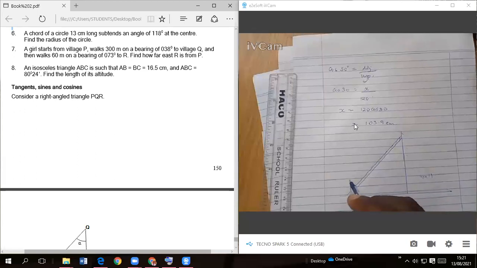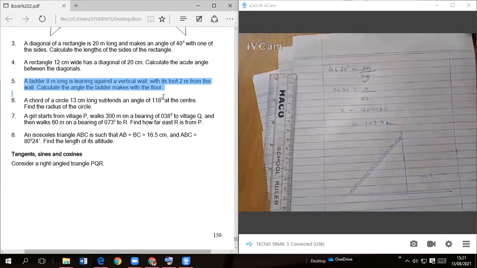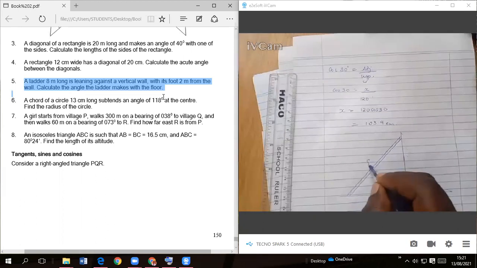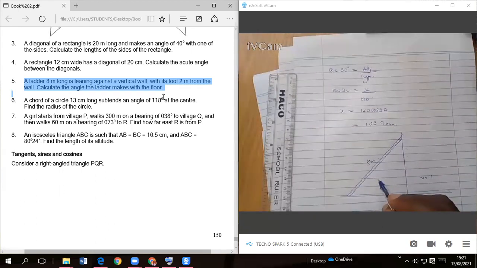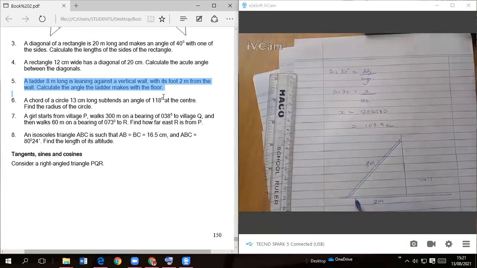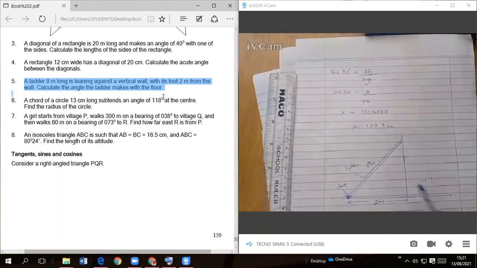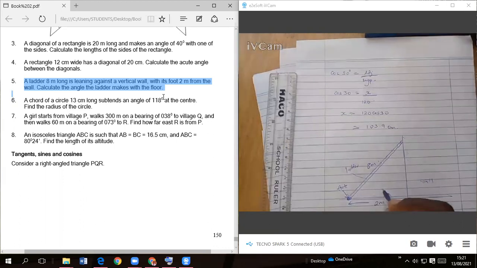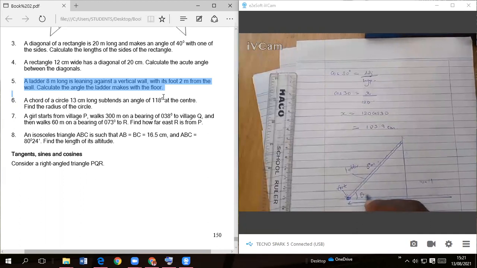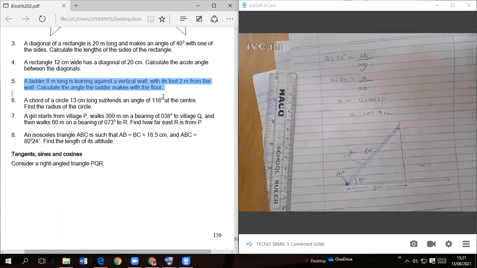Now, question number 5. The ladder is 8 meters long, leaning against the wall, with its foot 2 meters from the wall. So this is 2 meters from the wall, the distance from there up to there. This is the foot, and this is the ladder. What are they asking for? Calculate the angle that it makes with the floor. They want this angle. So straight away use cos.